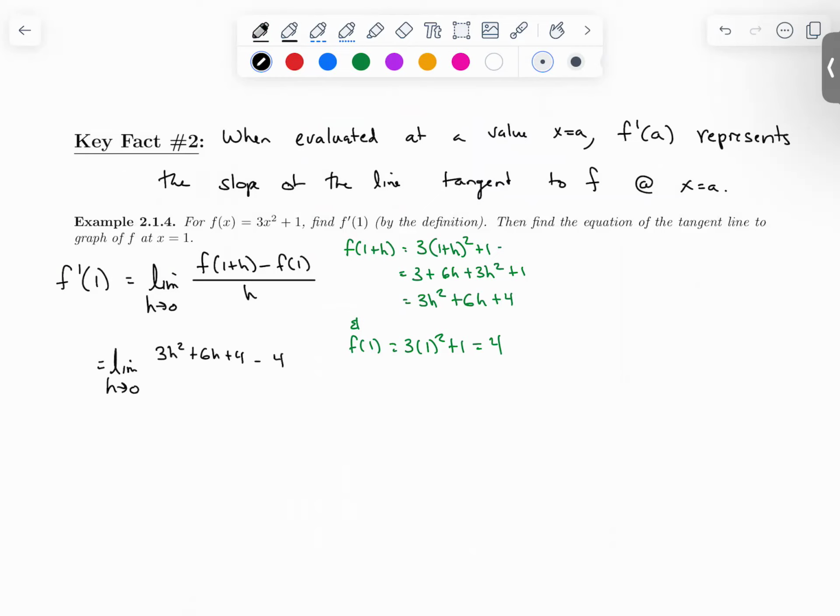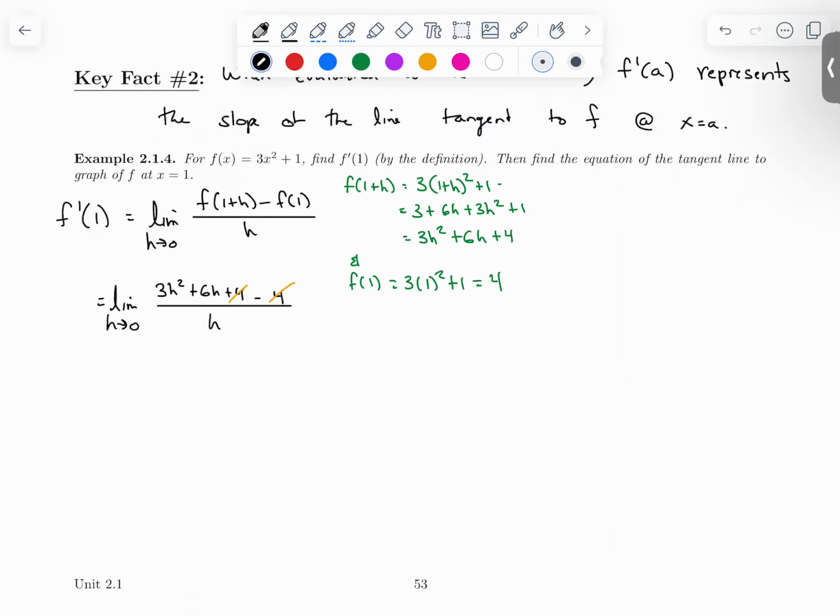And yes, I didn't put parentheses, but it's only because I have one term. Otherwise, I would have put parentheses just to avoid possible issues. Divided by h. Isn't that nice? The 4's cancel. And we've got the limit as h approaches 0 of 3h squared plus 6h divided by h.